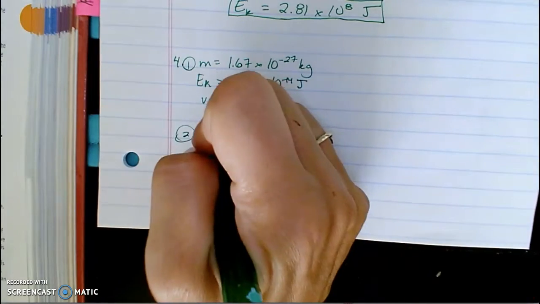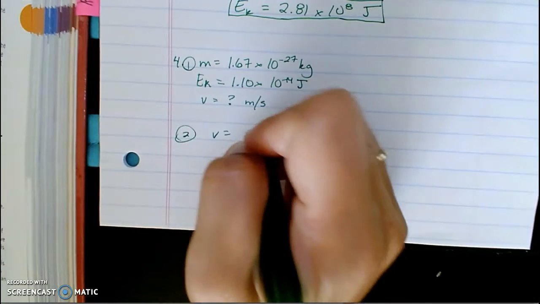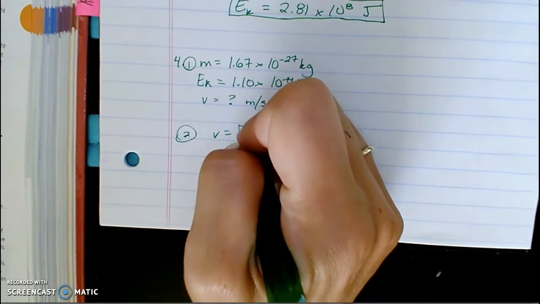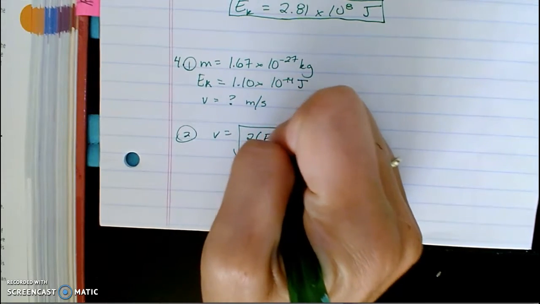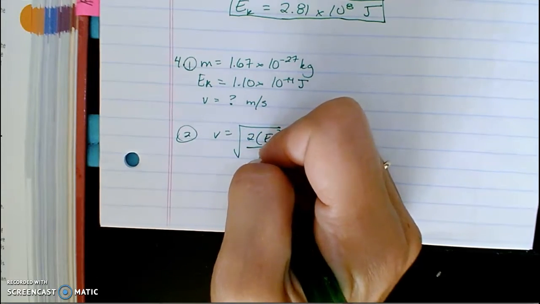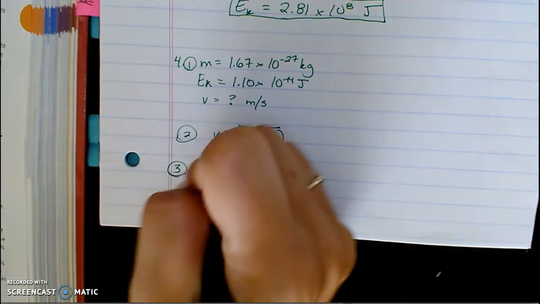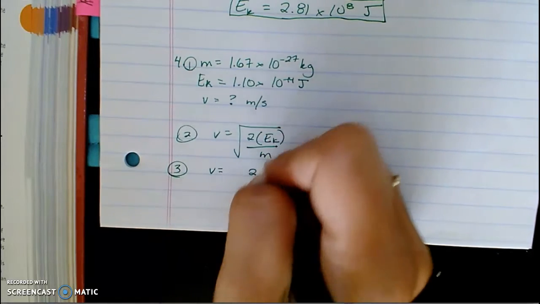Okay, so step 1, list variables. Step 2, write formula. Step 3, plug in numbers.